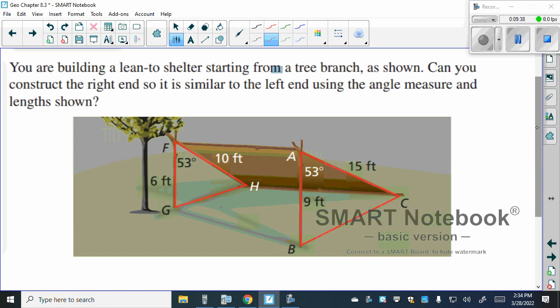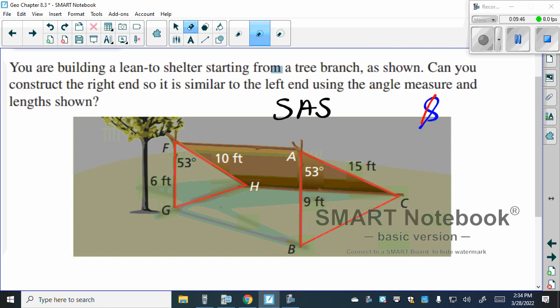Well, we're given 2 sides and an angle, so we're looking at side angle side. So a side, an angle, and a side. Do we have a set of congruent angles? So we could say angle F is congruent to angle A.